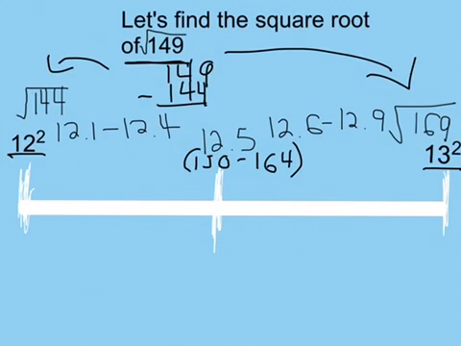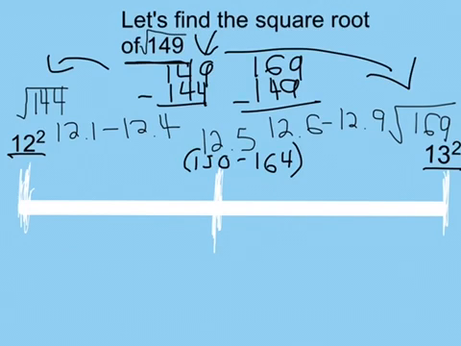And then also we're going to be doing 169 with 149 being taken away from it. This is how we're going to find which one it's closer to. Once we complete both these problems, the problem with the lesser answer is the square root that 149 is closer to.